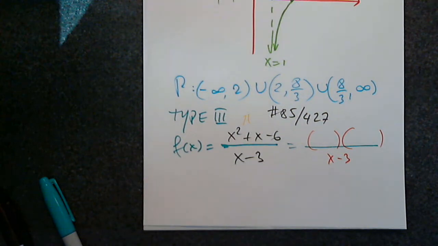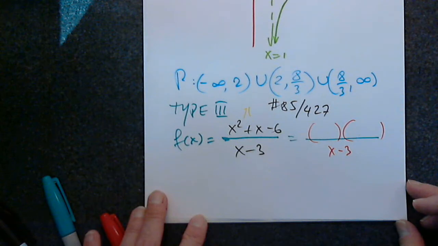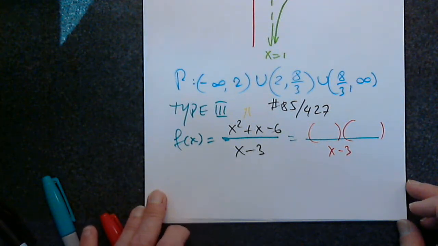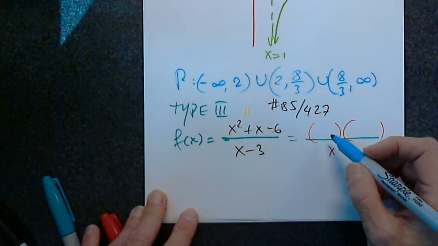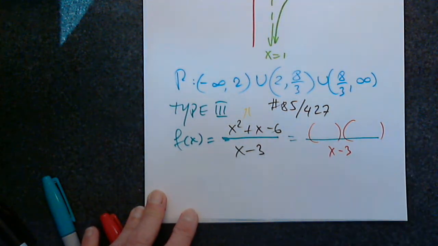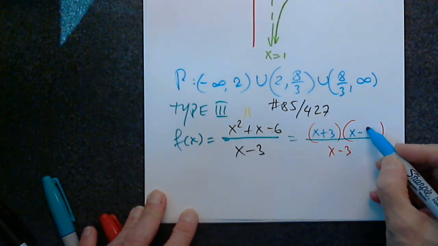I'm getting it ready for filling out the table and finding the rest of the information. So then how do I factor the numerator? Very good.